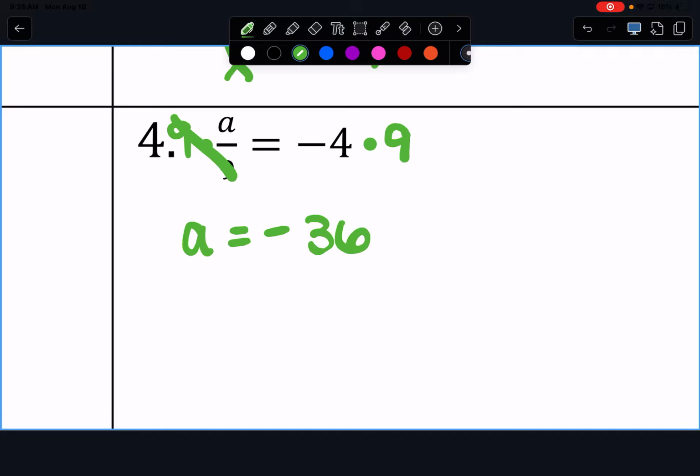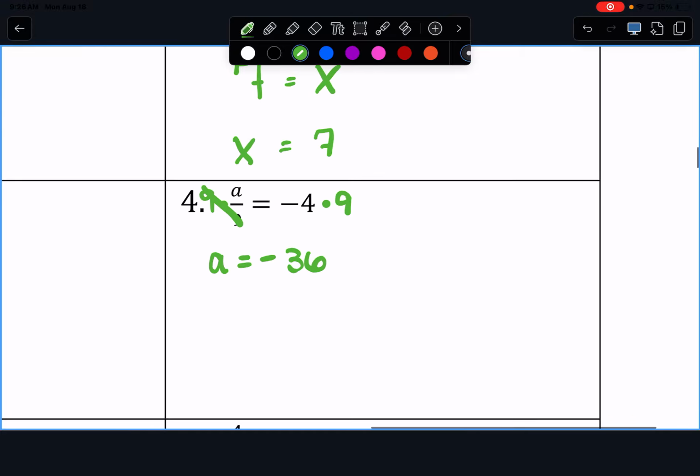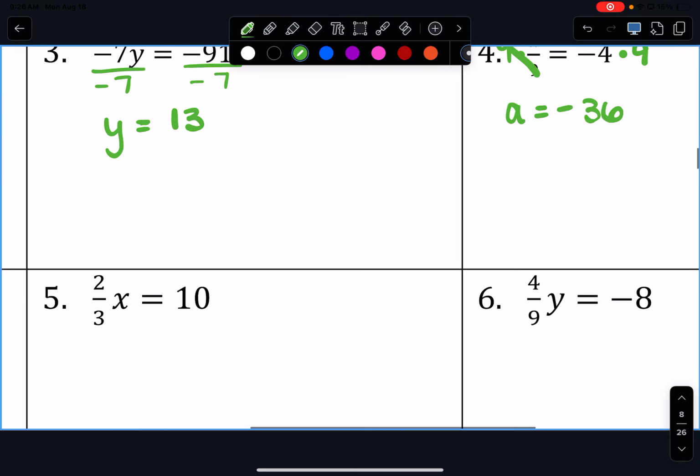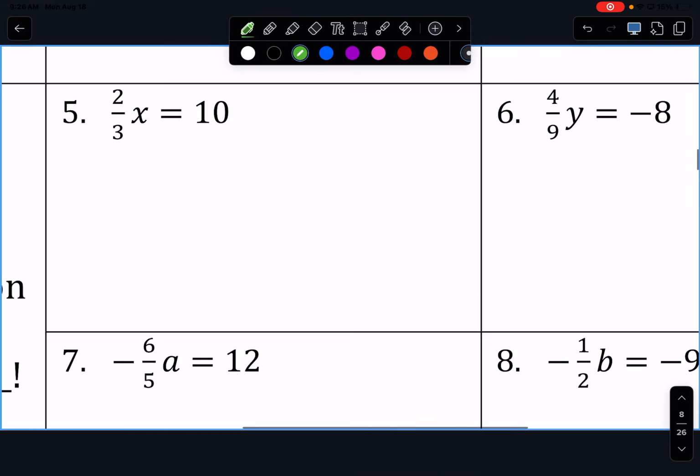There we go. Now, we can also treat having a fraction in front of our variable as a one step, okay? So there are a couple strategies I can use. I could first multiply by the denominator, then divide by the numerator. I could do that, but that's a lot, okay? We can do it in one step, though.